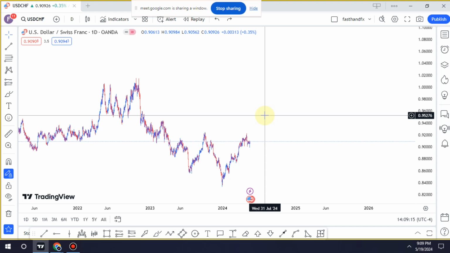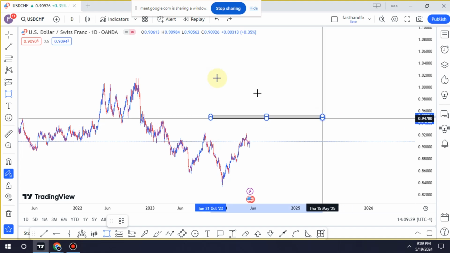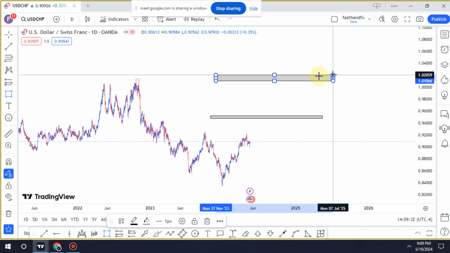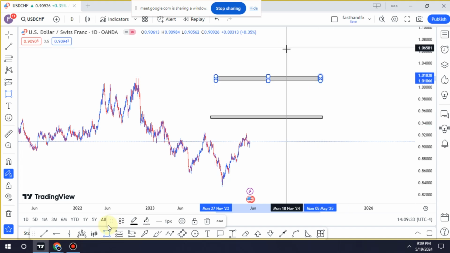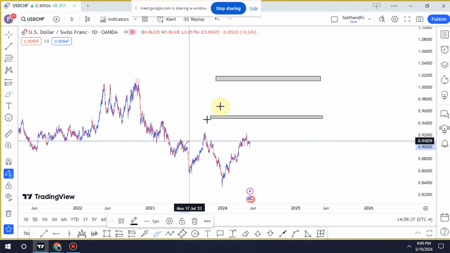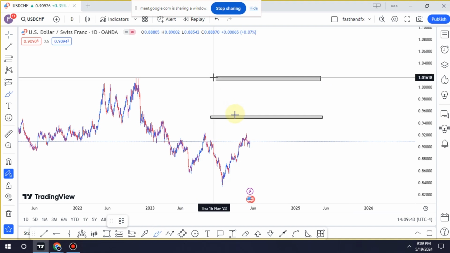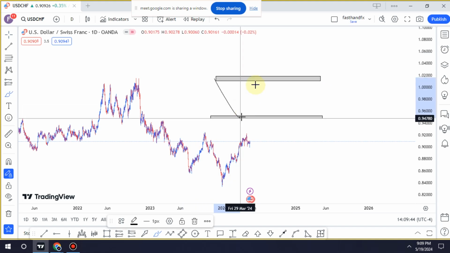And at the same time, when identifying this continuation pattern, make sure there is a support and a resistance that the price is trying to bounce off. So if we have our support level right here, and of course we have our resistance level, something like this. Now we might see price doing this, then price did this.